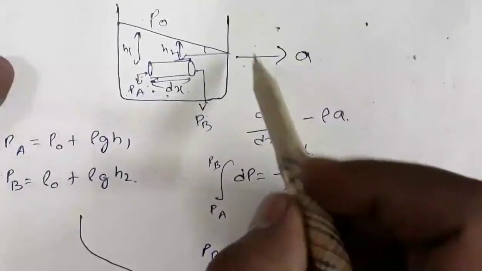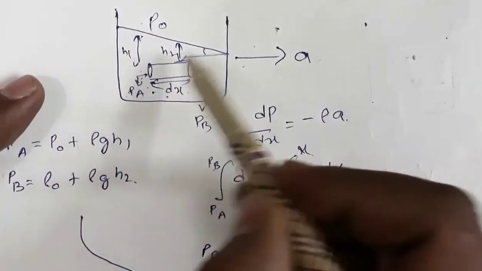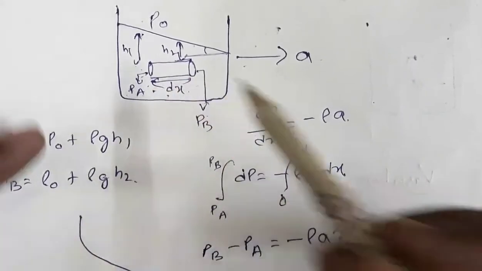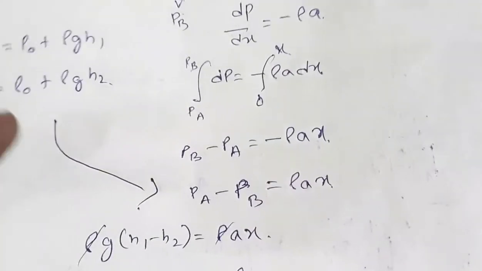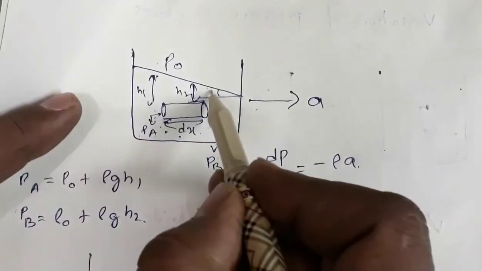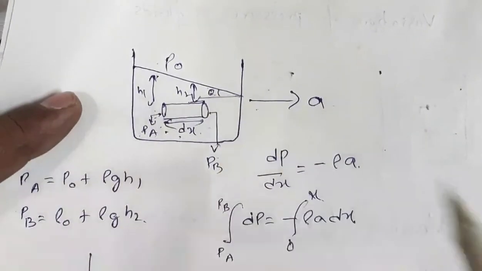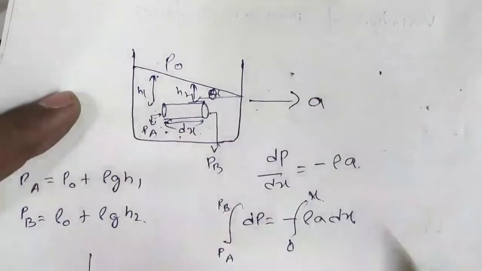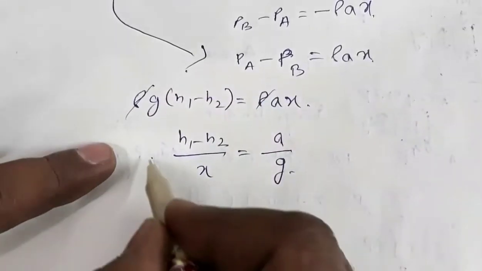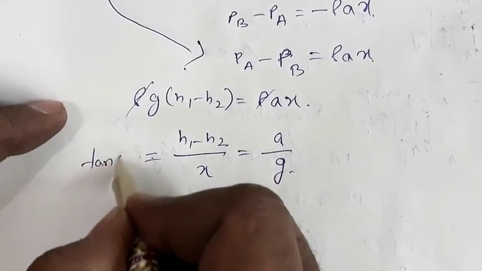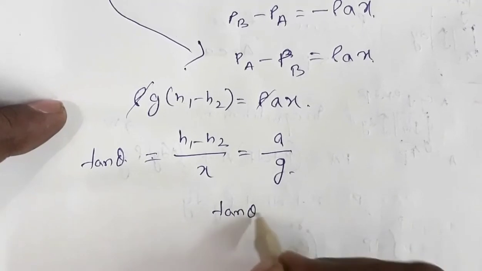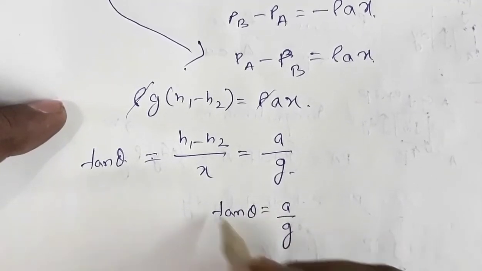Now if you see this cylinder, this is H1, this is H2, this is x. This was assumed to be x. So H1 minus H2 by x, basically this quantity gives you this value. Suppose this angle is theta, that will give you the slope tan theta. So tan theta is equal to a by g.